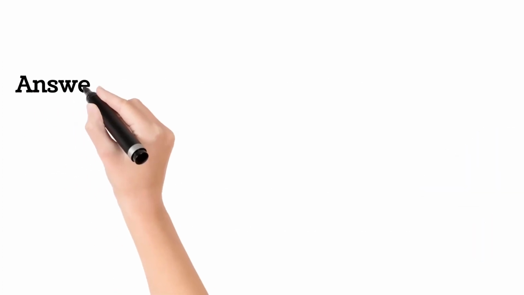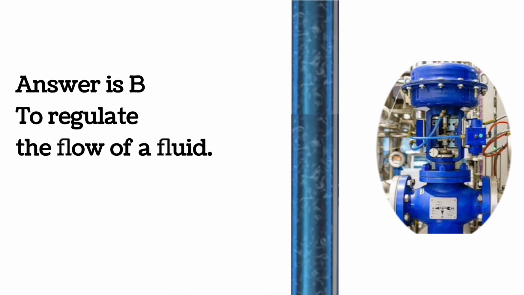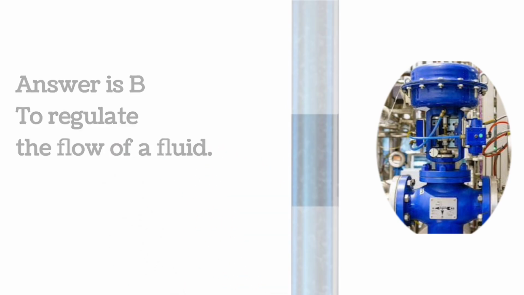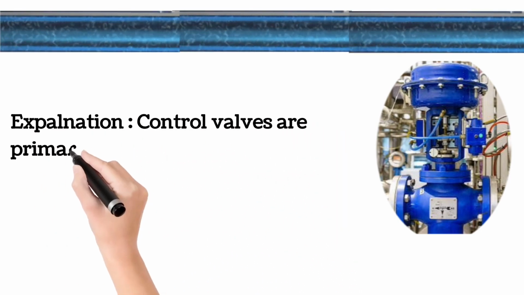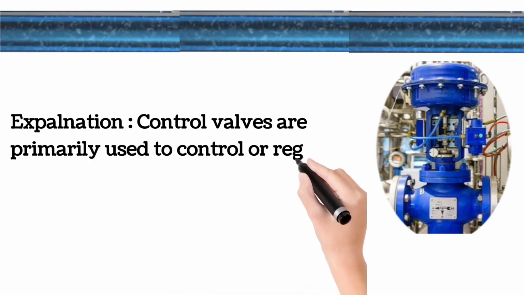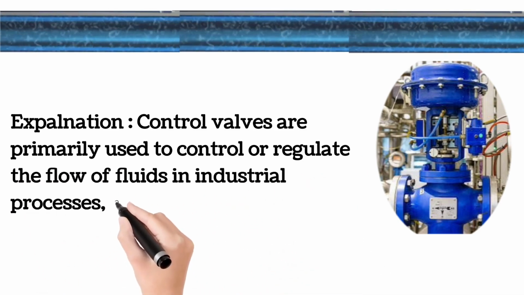Its answer is B. To regulate the flow of a fluid. Explanation: control valves are primarily used to control or regulate the flow of fluids in industrial processes, not to completely shut off the flow.